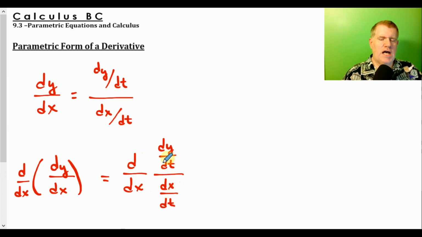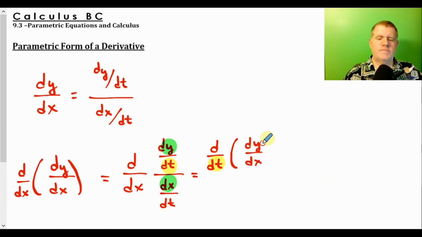Now that is a lot of d's, but if we do a little rearranging, here's what we find. We take the derivative with respect to t, and the dt and dt are the same, the dy and dx are in here, over what we have left, dx dt.